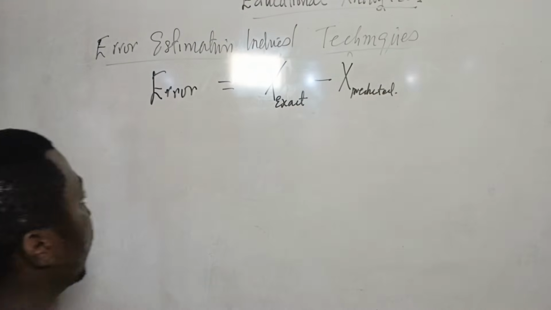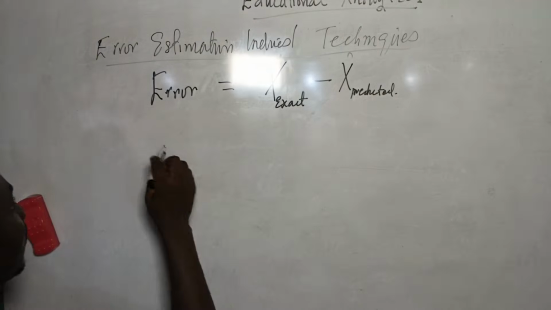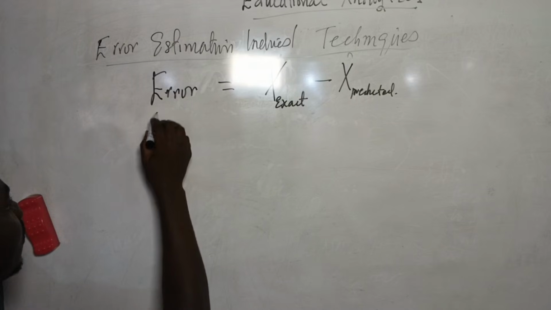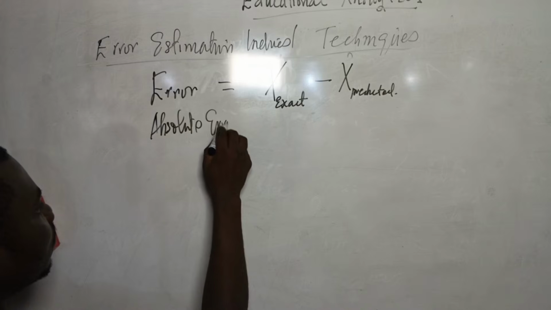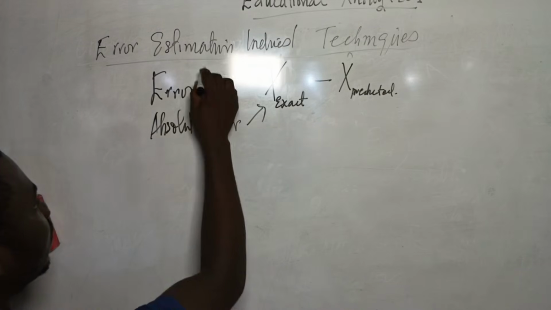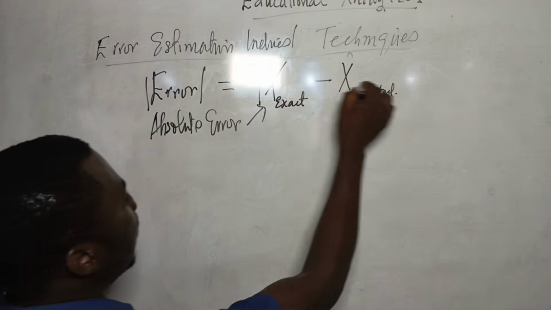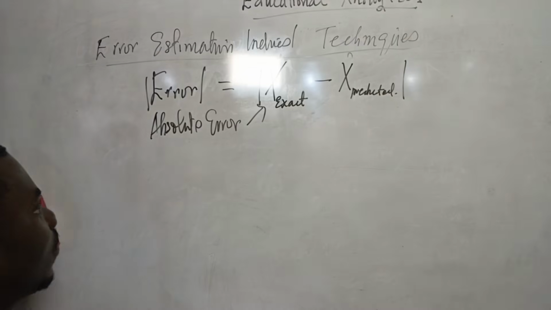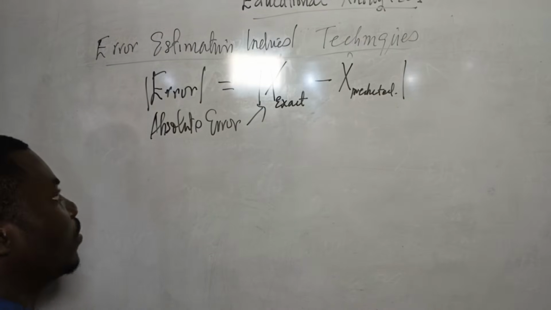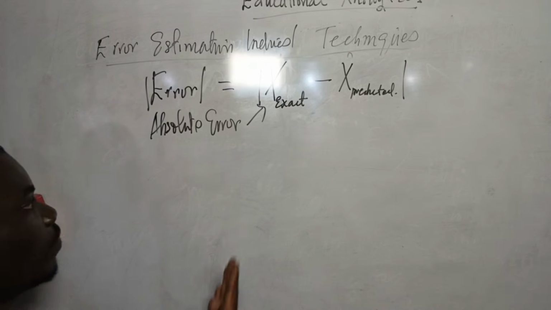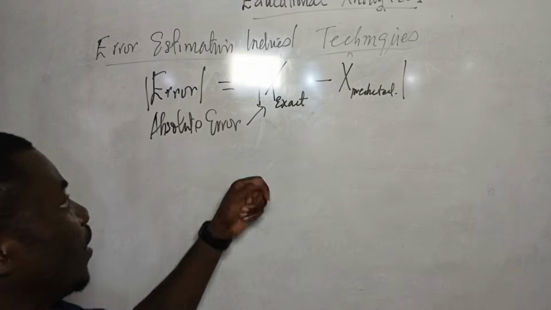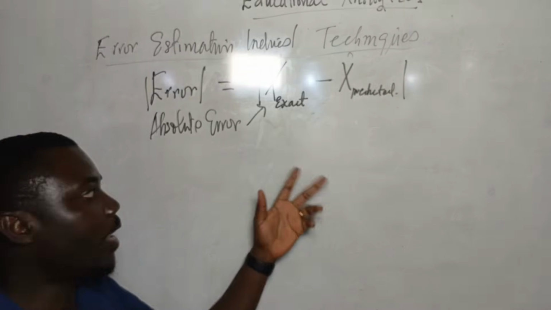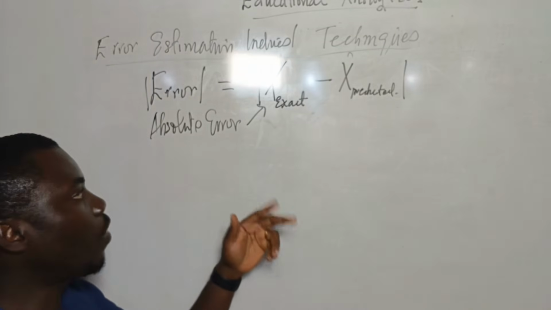We also have the absolute error, as the case may be. You just take the absolute value of the error you've already obtained. That gives you the absolute error. The notion of this absolute error is to remove the direction of where the error comes from.